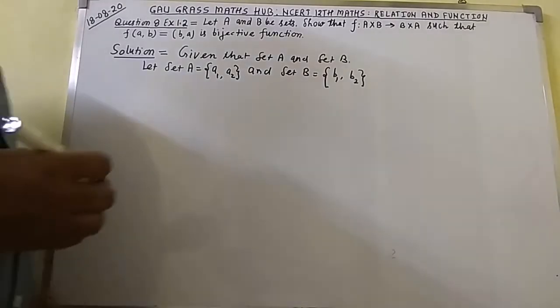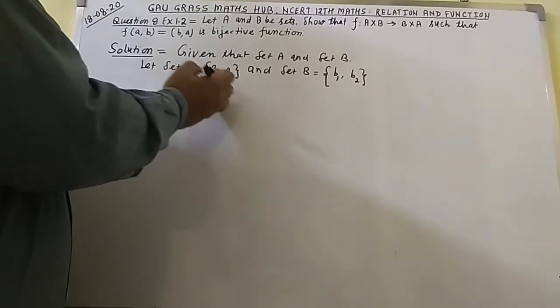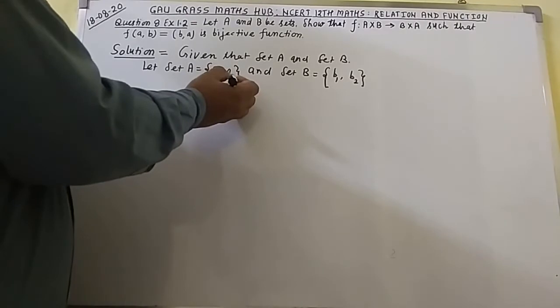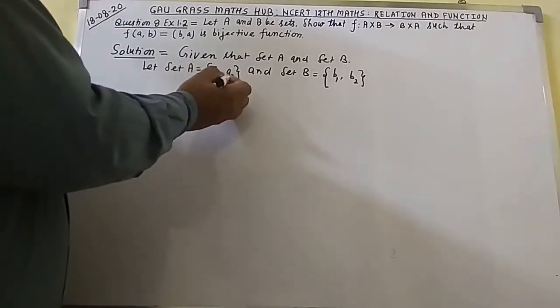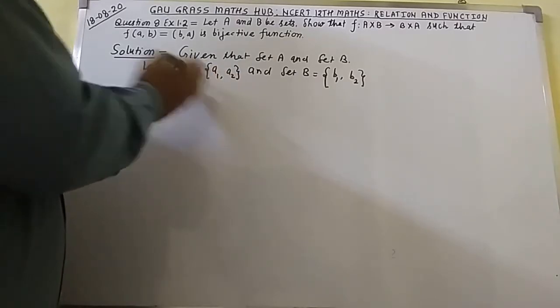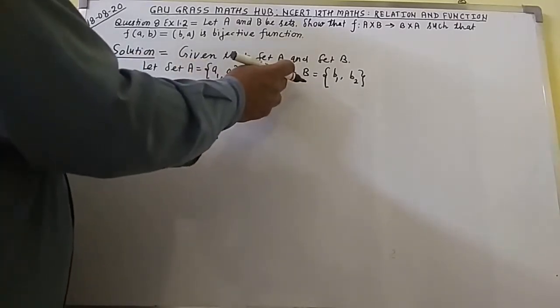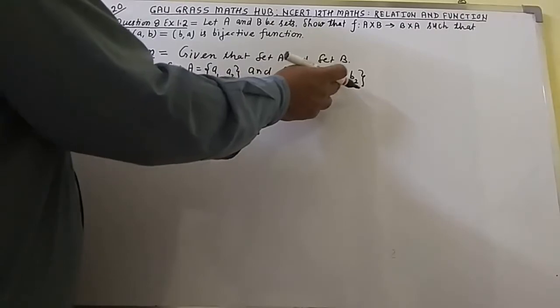Now I have got set A equal to {A1, A2}. This means that A1 and A2 belong to set A. Here I have let set B equal to {B1, B2}.